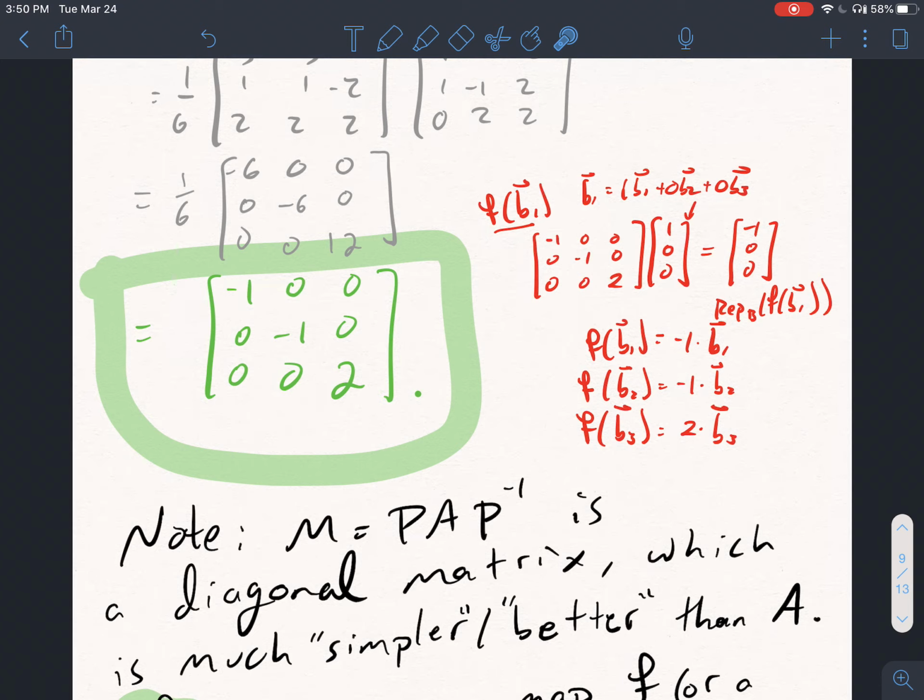So 1, 0, 0 is the representation of b1 with respect to the basis B. And so -1, 0, 0 is the representation of f of b1 with respect to B, because I can just multiply by my representation matrix on the left times my representation to get my new representation of f of b1 with respect to B.